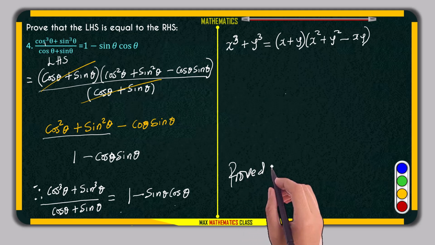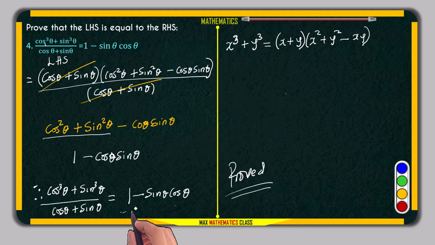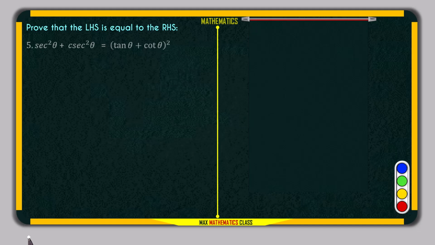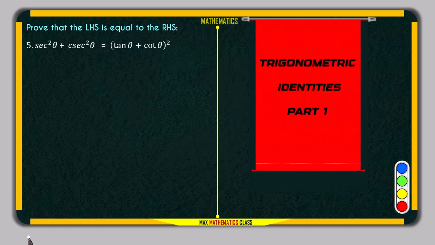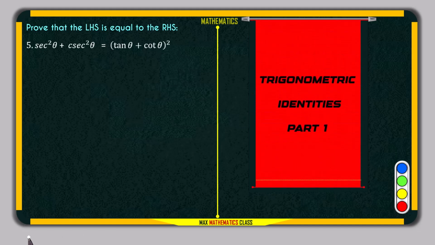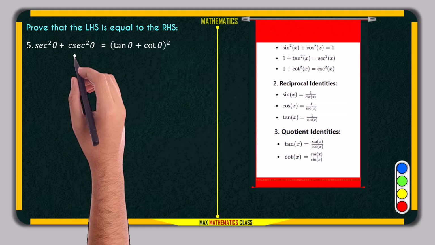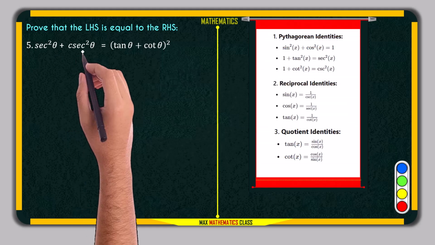Proved again. So let's move to the last one. Now we have sec squared theta plus cosec squared theta to be equal to tan theta plus cot theta in bracket square.